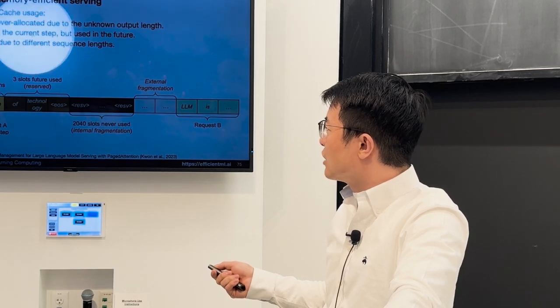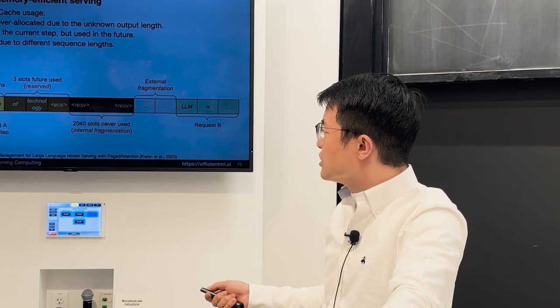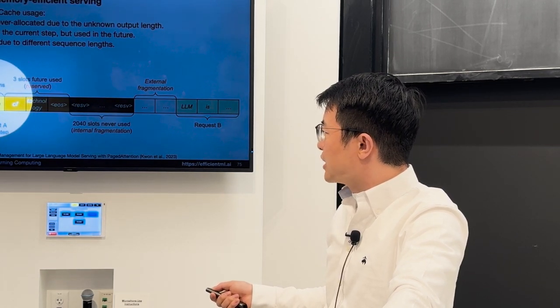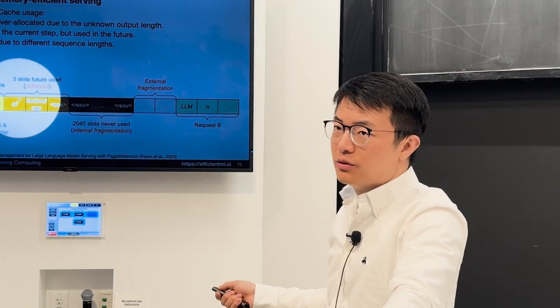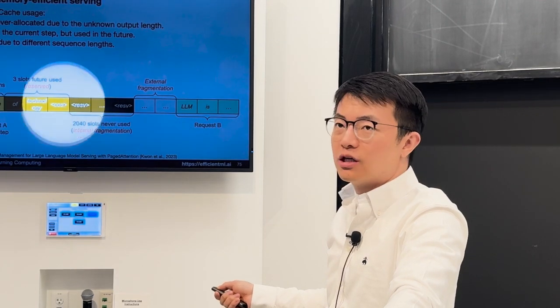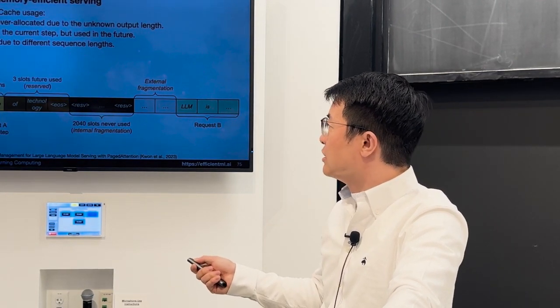So it's not used in the current step, but it will be used in the future. For example, artificial intelligence is the future of technology. The request is currently here, we generated 2 tokens, but we have 3 tokens that have not been generated. We still have to allocate space for them, but it's currently not being used. That is called reservation.